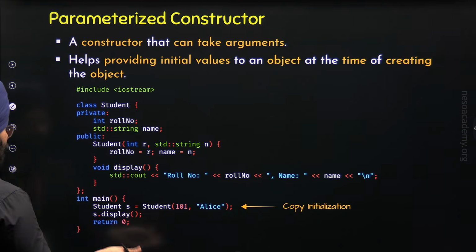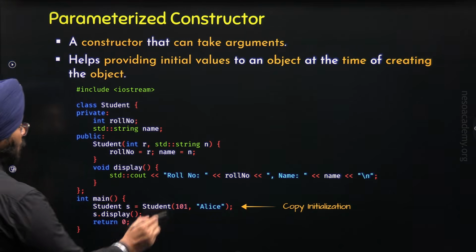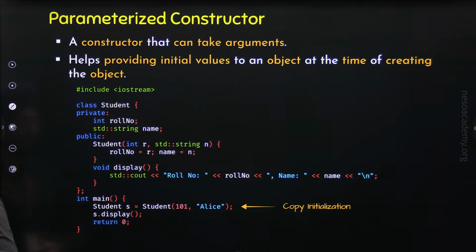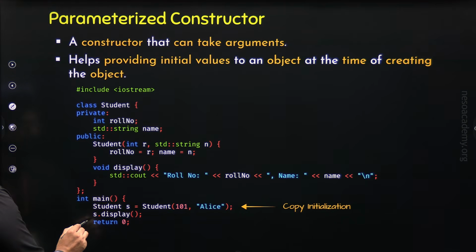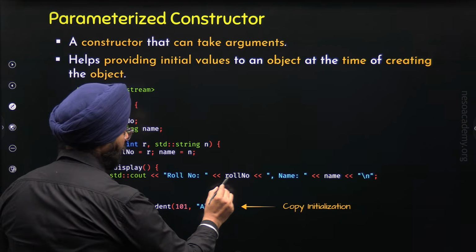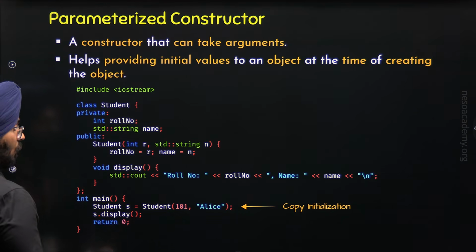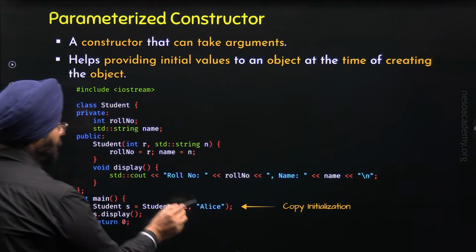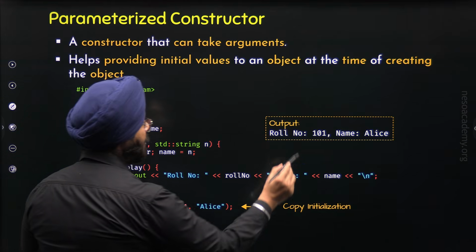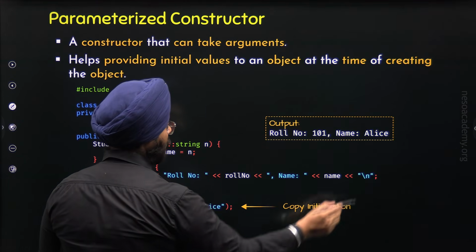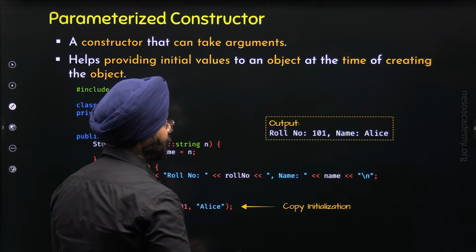Therefore, we have initialized this object with these values. Now, when we call the display function through the object S, then we know that this roll number will be replaced by 101 and name will be replaced by Alice. So when we execute this program, we will get the output roll number 101 and name Alice.